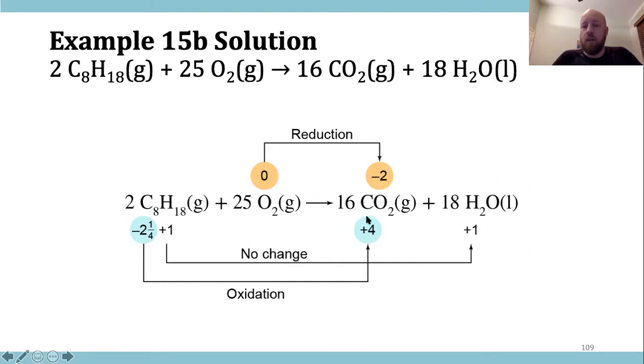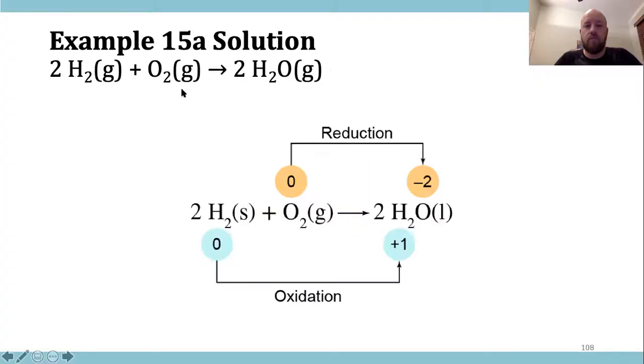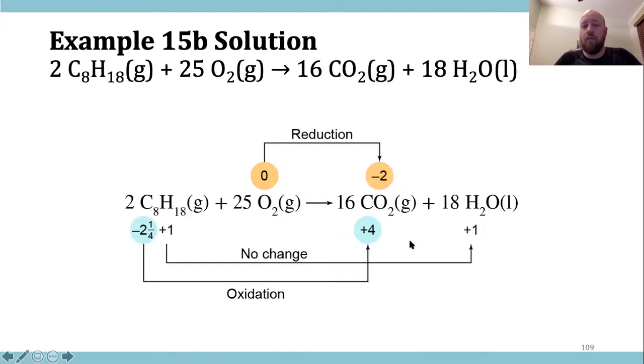For sure, it becomes +4. The hydrogens here don't change their oxidation state. The only time hydrogen is going to change its oxidation state is like in the previous problem, where it is hydrogen, the element, becoming hydrogen in a molecule. Hydrogen here is +1, hydrogen here is +1. There's no change in the hydrogen.